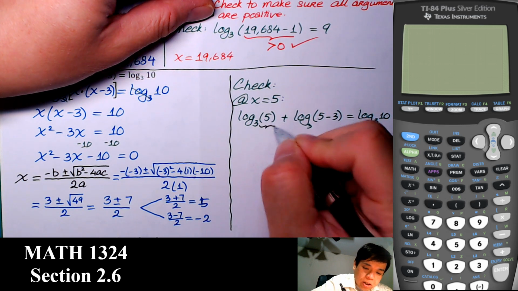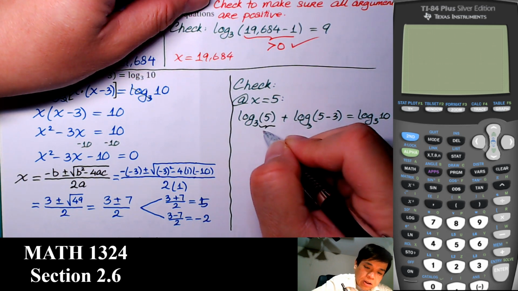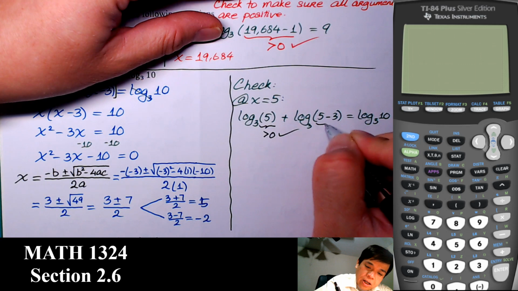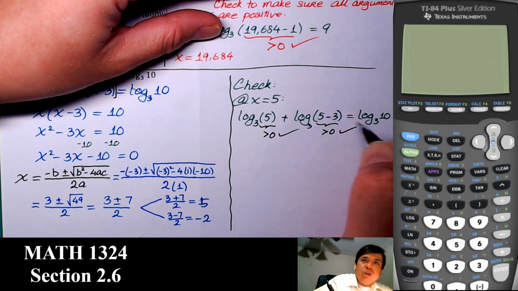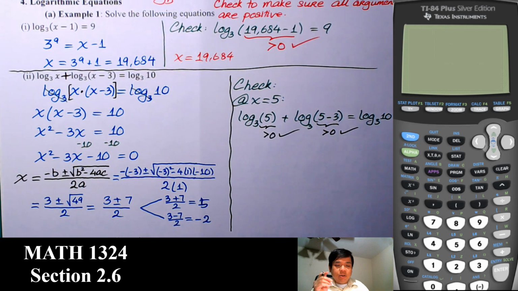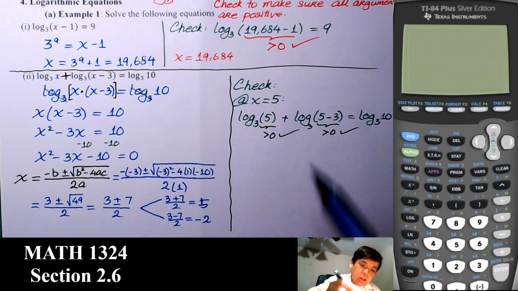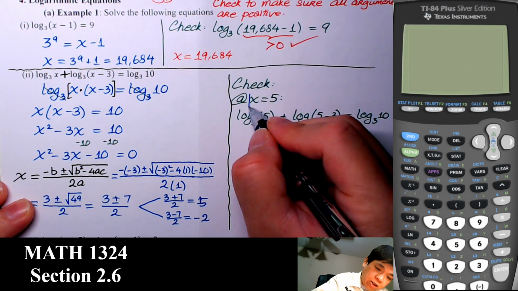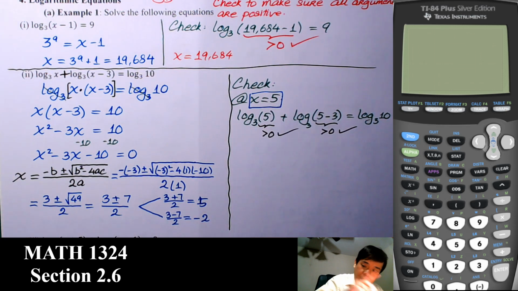Here we have positive, which is good, and that's positive, which is good. So that's all we check. We don't need to verify that they're equal. Just need to check that inside all the logs are positive. So here x equal to 5 is a solution, which is good.